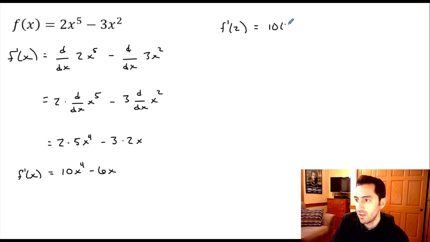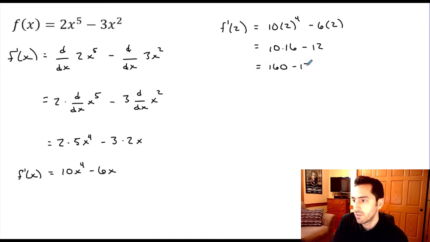So 10 times 2 to the 4th minus 6 times 2. And simplifying, we get 10 times 16 minus 12. So that is 160 minus 12, which we end up with 148. So f prime of 2 is 148.